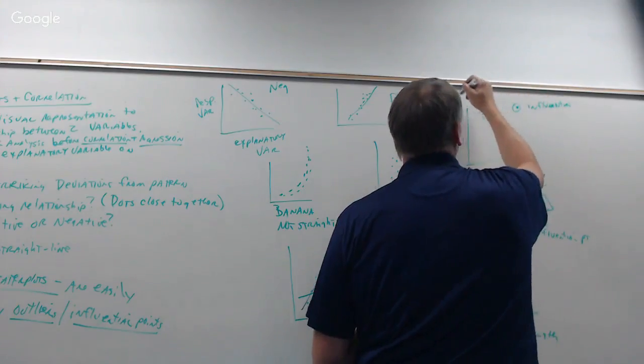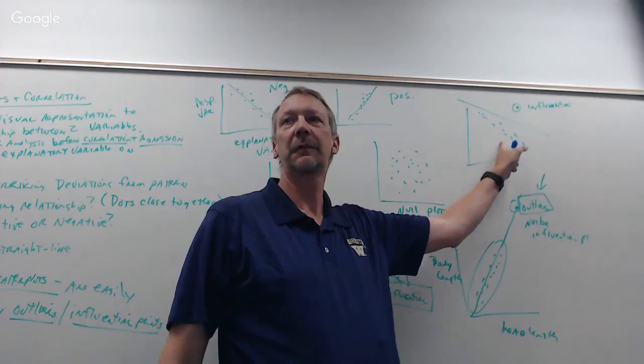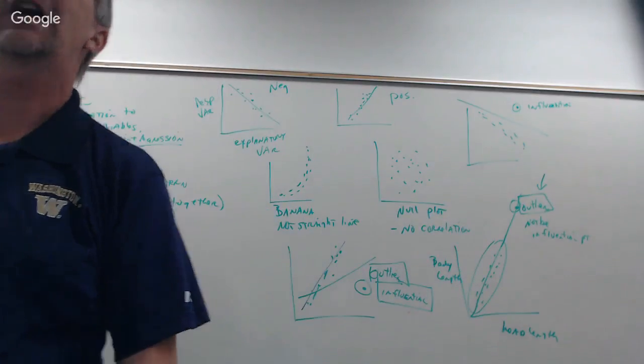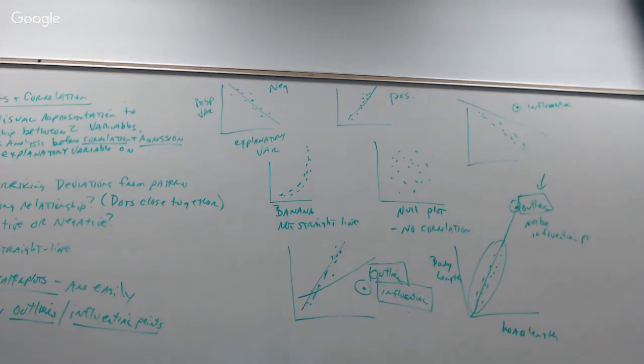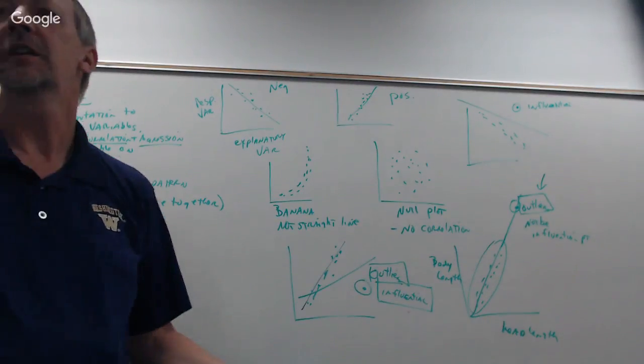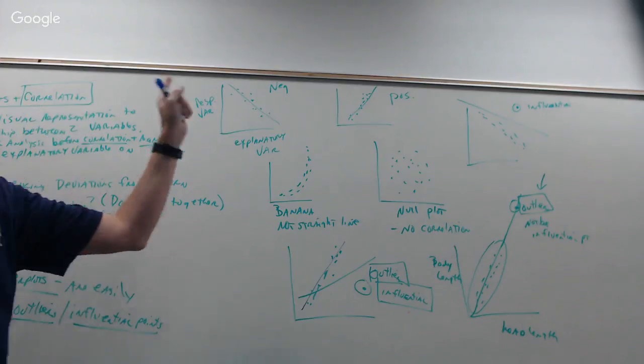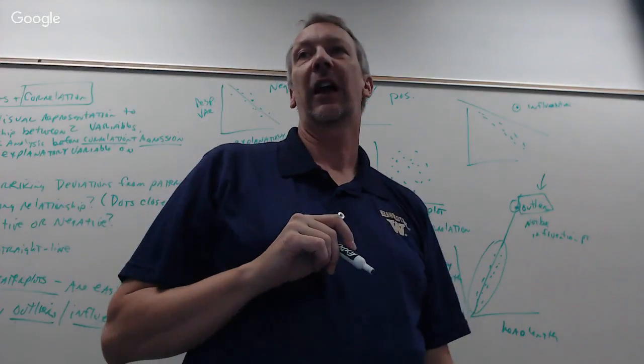Okay, because it's going to pull the line towards it instead of going through here. Okay, and so that's why it's so important when you're doing correlation. Okay, which is what we're going to talk about next. We're going to start focusing on correlation here. Okay, but you should never do correlation without first looking at your scatter plot.